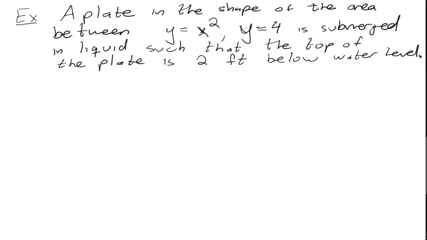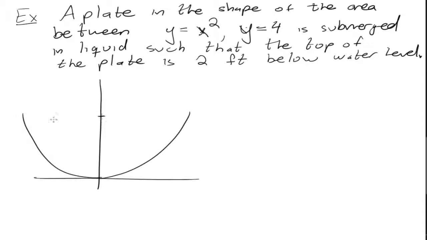Okay. All right, so let's draw a picture. So we have y equals x squared, so it looks like this, right? And then y equals 4, so this is what my plate looks like.